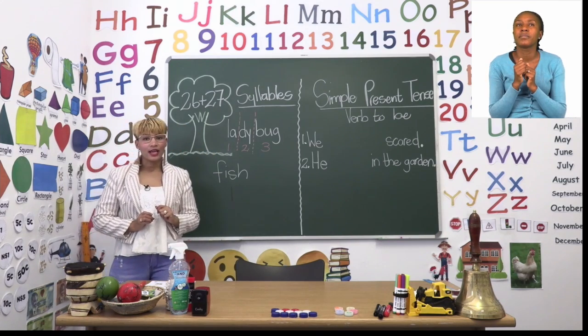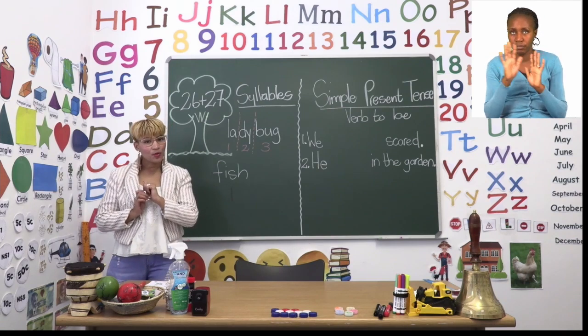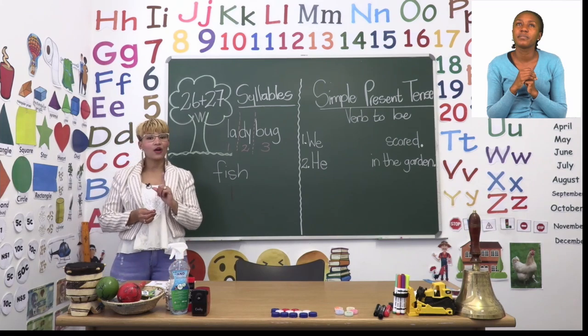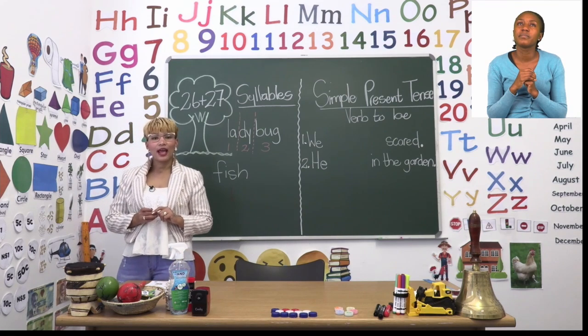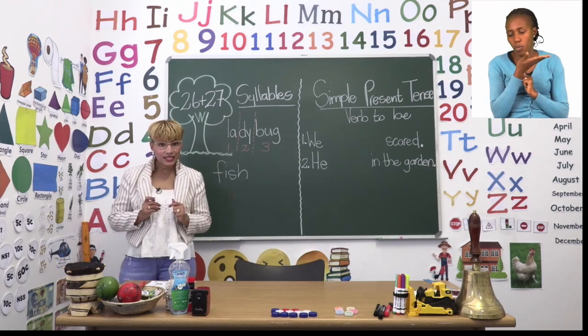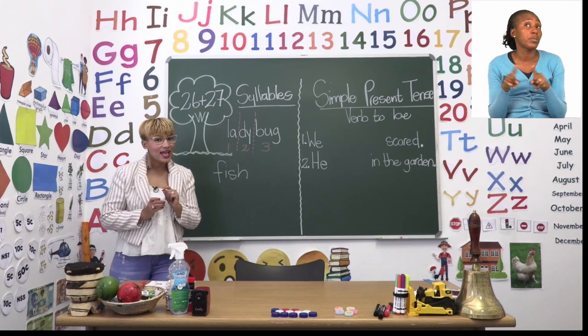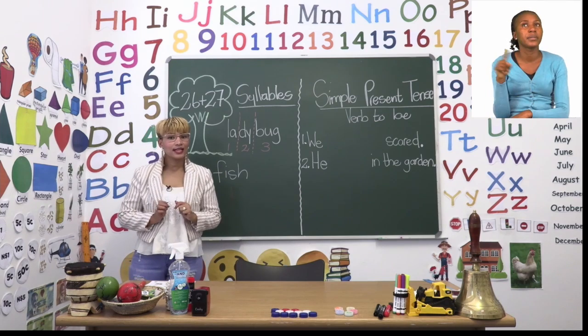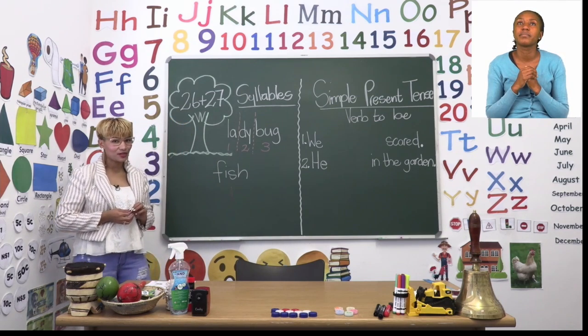So now you go ahead and you look at the numbers at the bottom and you color in the number 1. Now everyone, you need to go ahead and do that for all the other items. Make sure that you say the word and that you clap for all the syllables.